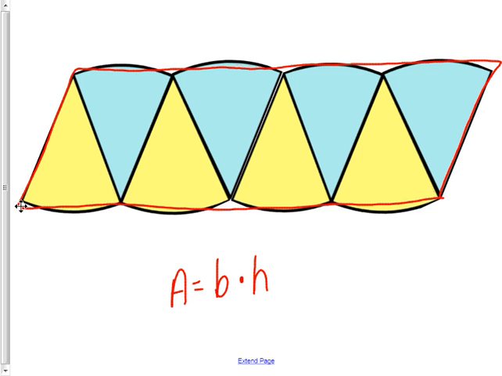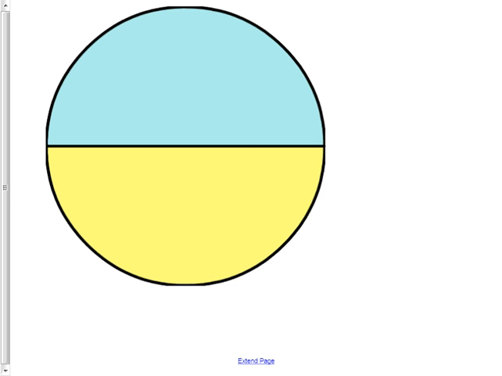When we look at this, the base of this parallelogram is here. That's our base. Now think about that base for a minute. That base has all of the yellow edges of the circle in it. Do you see that the yellow part is halfway around the circle?